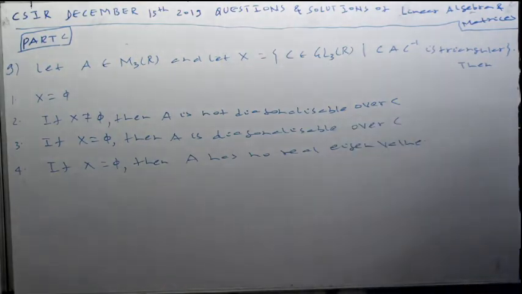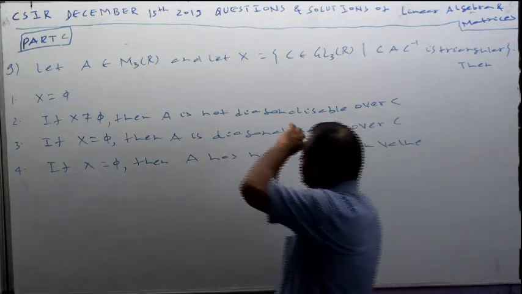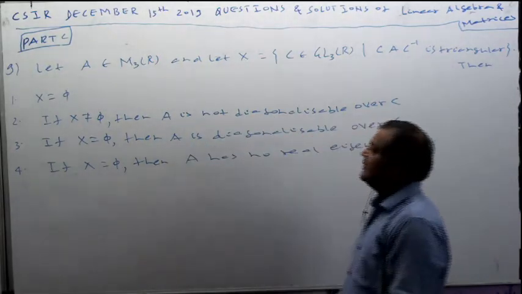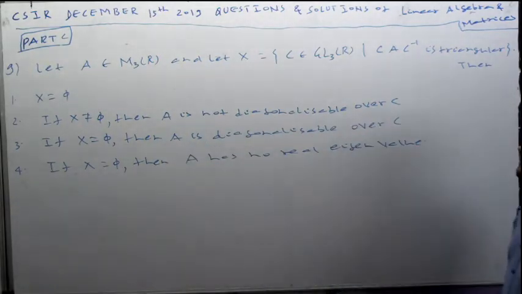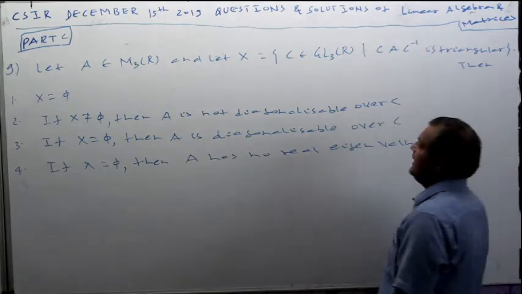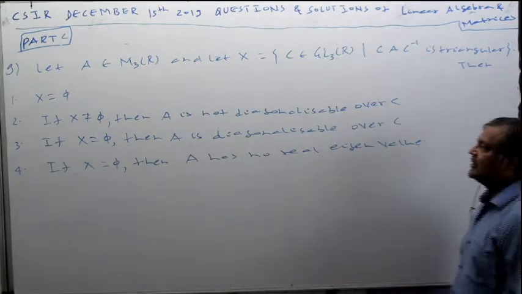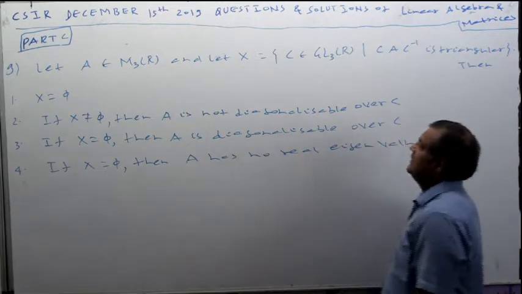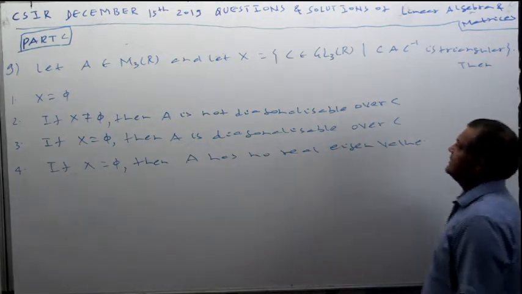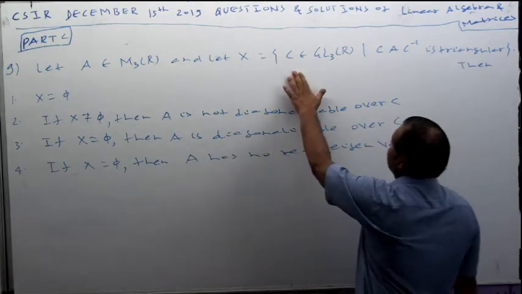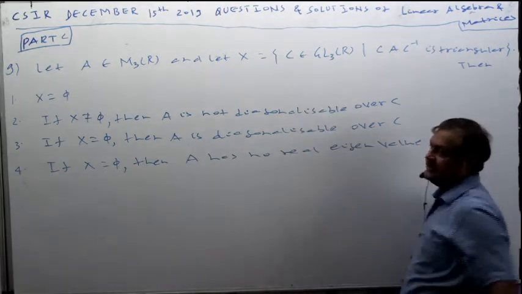Fine. This is your question number 9. Watch this. A is a matrix of order 3 over field R and set capital X contains those matrices from GL3R.